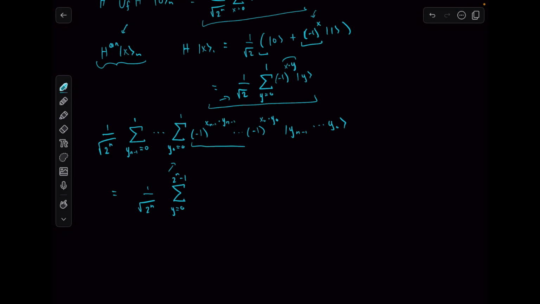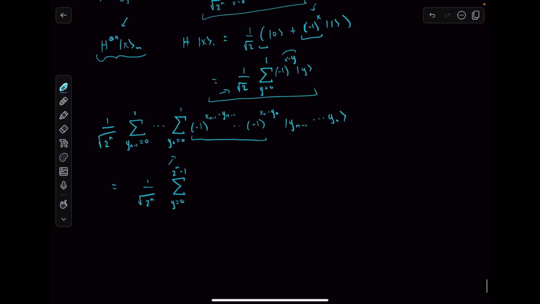And since we're multiplying these -1 raised to these powers, we can just add what's actually in the exponents. So we get -1 to the sum where we go from i equal to 0 to n-1, and in the sum we're multiplying the ith bit of x and y.